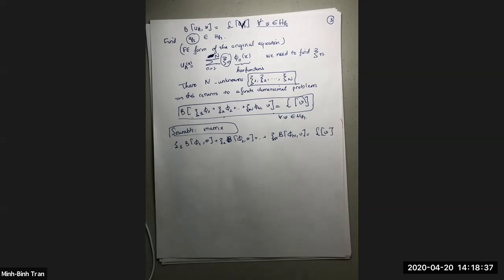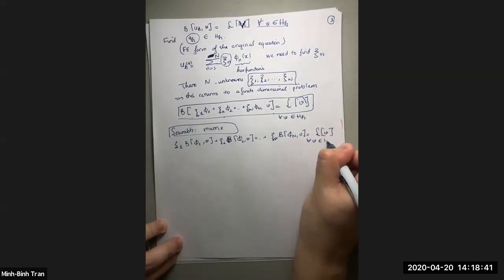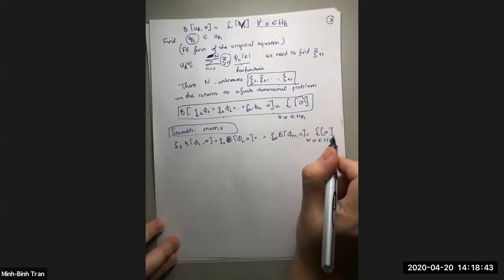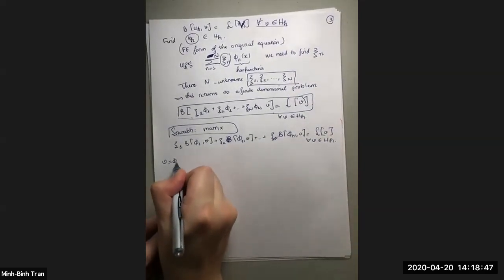The idea is very simple, because this is true for all of the V. So what happens if I choose V to be phi1?